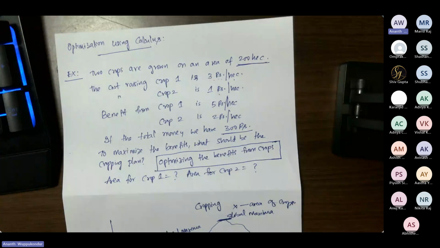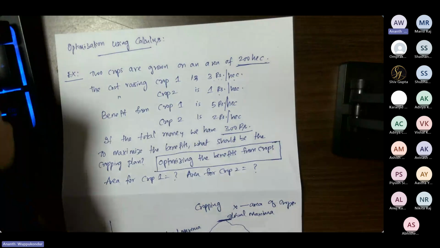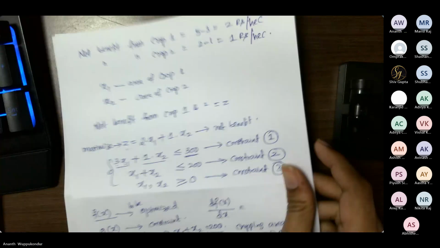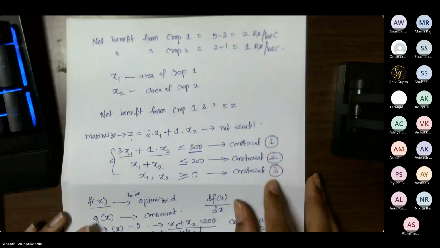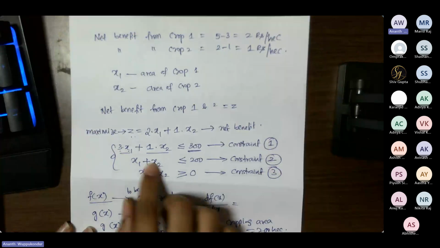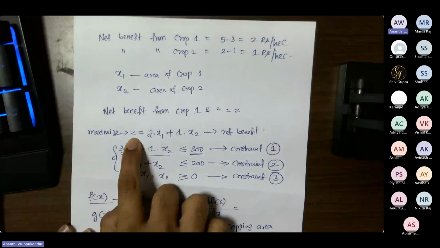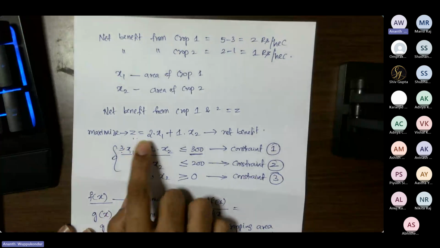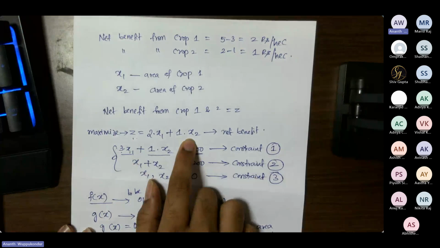And these conditions, whatever you are seeing in the problem, we try to convert into mathematical equations. So Z is the benefit that we want to get from the crops, and X1 and X2 are the areas of the crops.